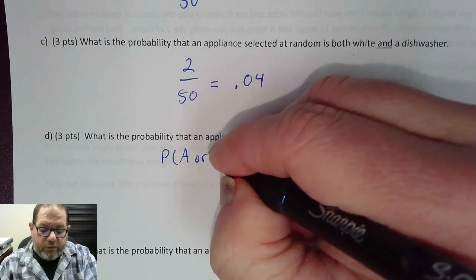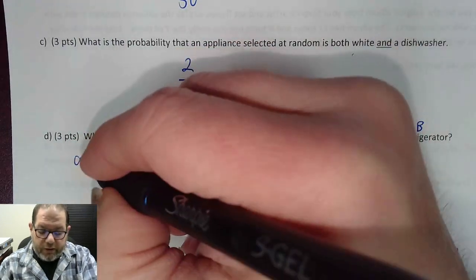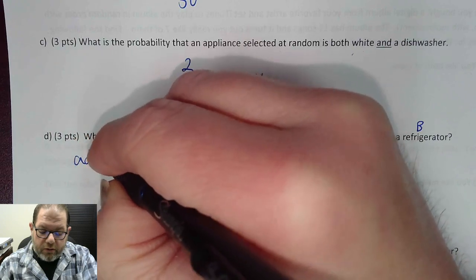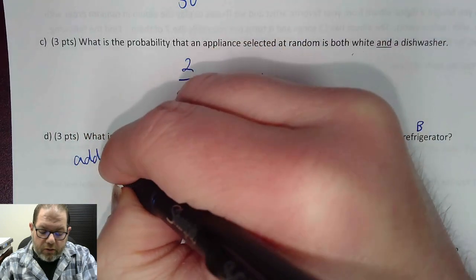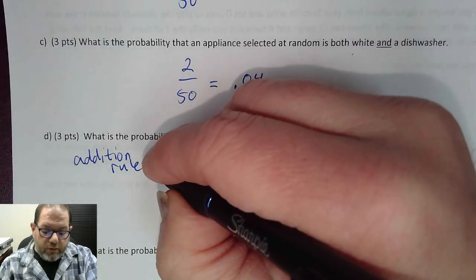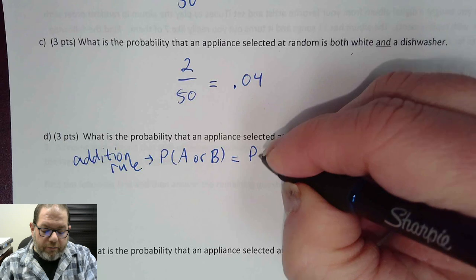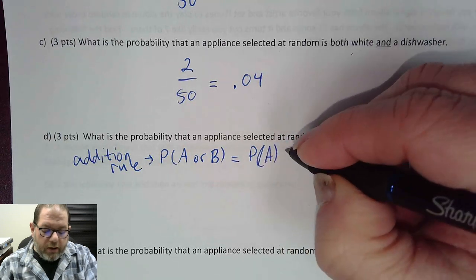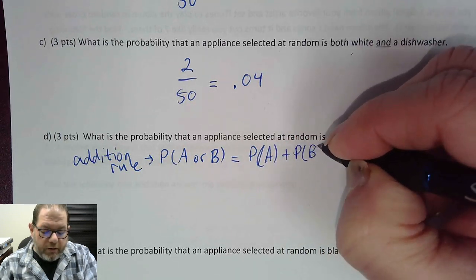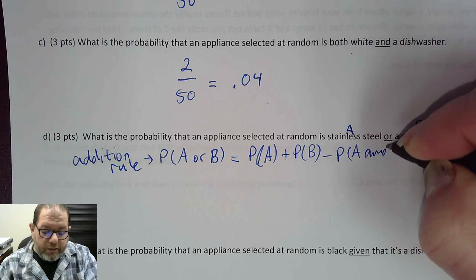And this goes back to our addition rule. Let me write that down here. Okay. Which is P of A or B is equal to P of A plus P of B minus the intersection P of A and B.